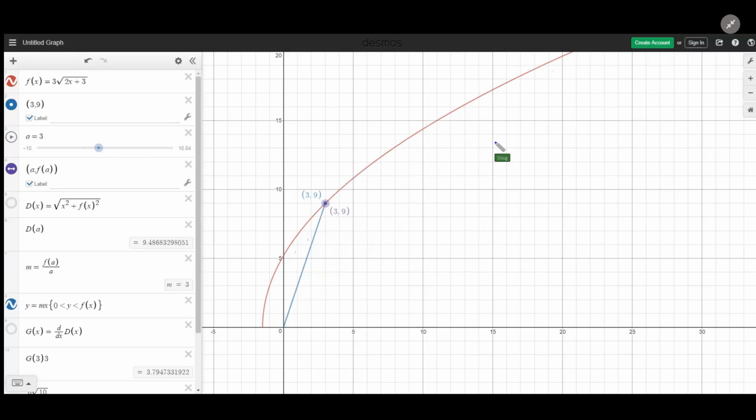This is a related rates problem. As the x-coordinate changes its speed, so does the distance between the position where the particle is and the origin. So we want to take the derivative of both sides with respect to t. And here, oh, this is to the 1/2 power, sorry.